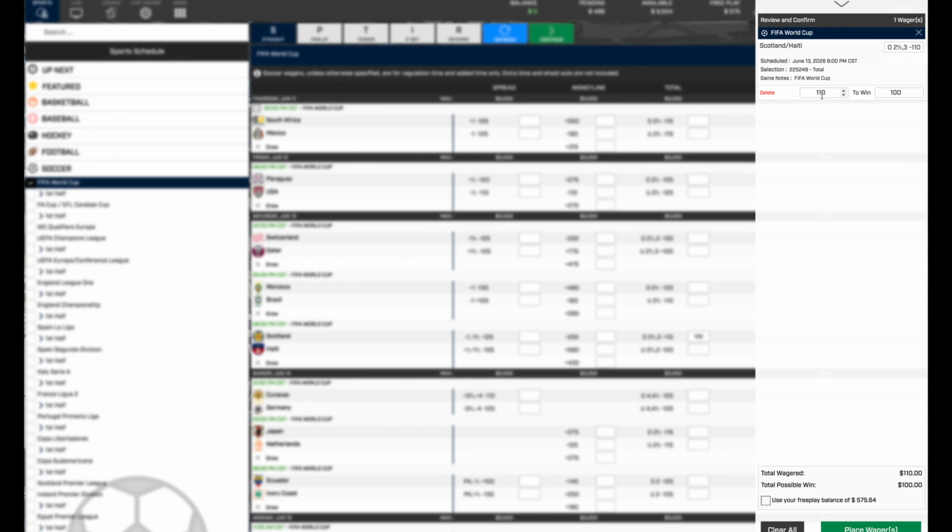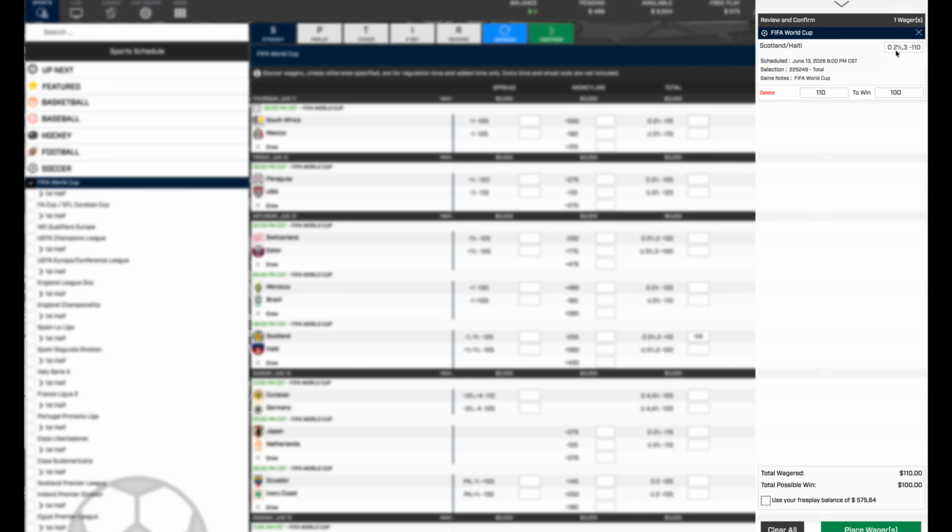Now, this bet is actually split into two different bets. It is risking $55 to win 50 on over 2.5, and $55 to win 50 on over 3. So let's say the game ends 2-1. Doesn't matter who won. It's 2-1. That would be a total of 3. You bet over 3 and over 2.5, so you would win one of the bets.